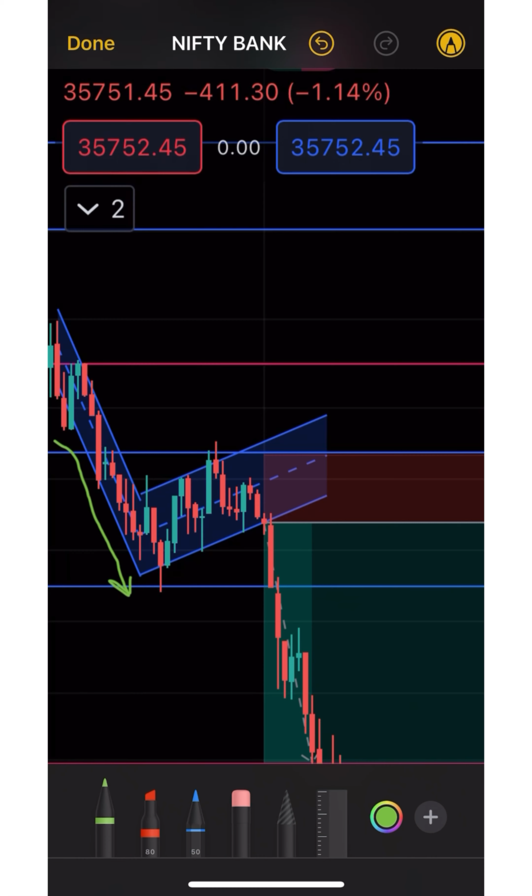Now, if the market makes a pullback upwards in a parallel zone and consolidates in this parallel zone by making higher highs and higher lows, then this form of chart pattern is called a bearish flag chart pattern. Hope you guys understand how to identify a bearish flag chart pattern.